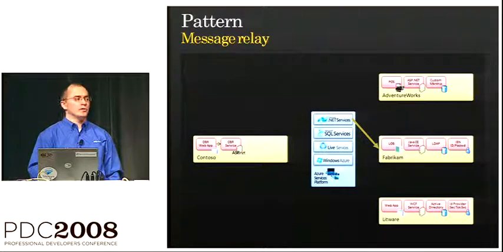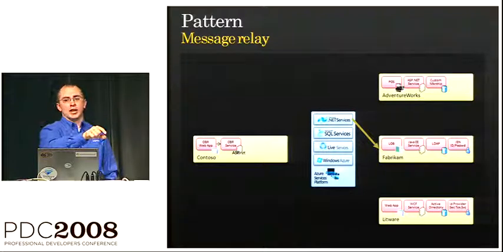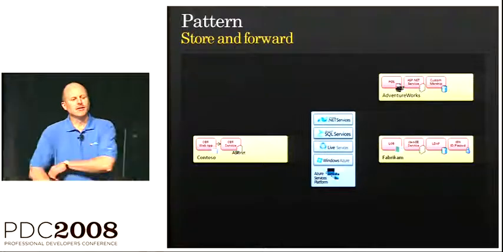Here you're able to utilize the service bus so that the recipient, in this case Fabricam, is able to publish their endpoint on the service bus. And then the sender, Contoso, is able to communicate to the service bus through that published endpoint to facilitate the message relay.